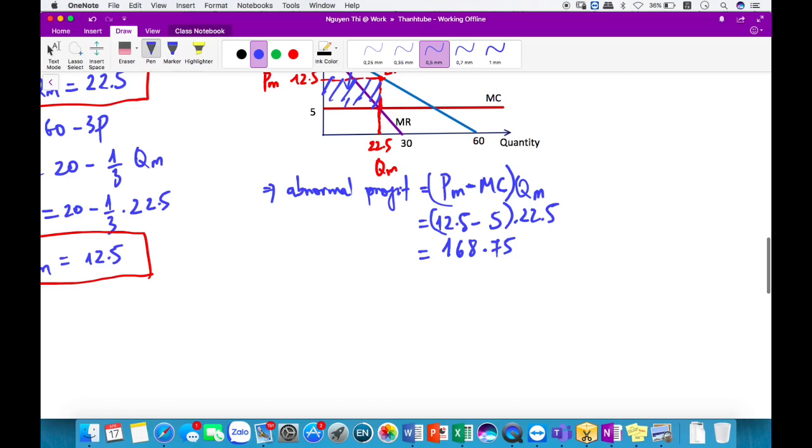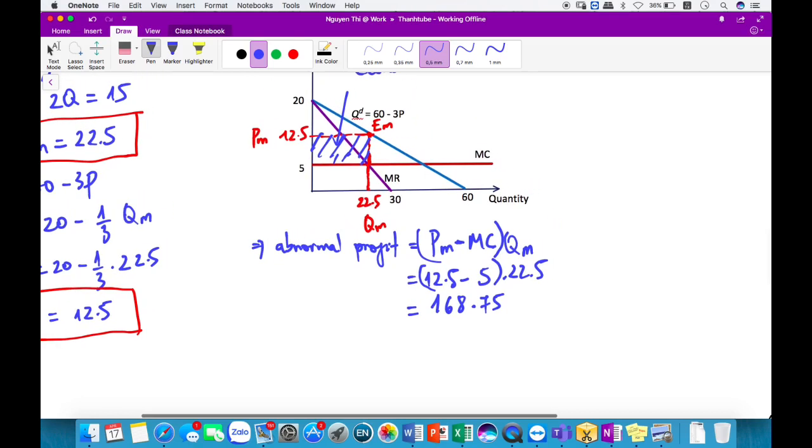In order to have the government regulation to reduce the quantity and increase the price, firms have to lobby the government. So it's possible that the firm has to spend resources up to this profit box in order to get a restriction in output and an increase in the price.